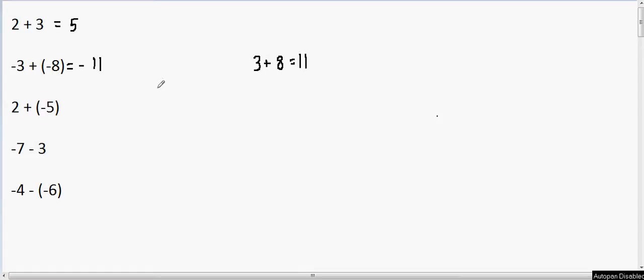Our next problem is the sum of 2 and minus 5. These two numbers have different signs, so we first need to take the absolute values of both numbers.